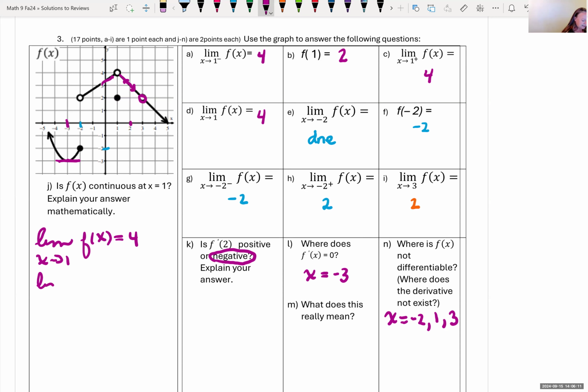But the limit as x is approaching 1 needs to also equal f of 1, and it doesn't equal f of 1. F of 1 in our case, we saw was equal to 2. So one of those conditions for continuity does not hold true.